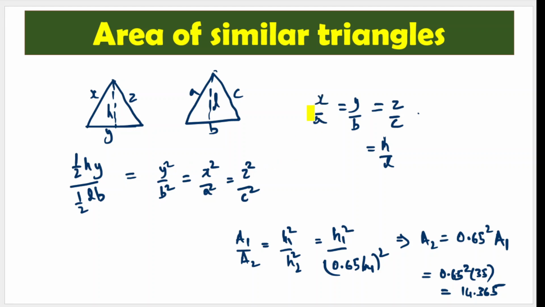We can replace that with x square by a square also and z square by c square also. So the ratio of areas of similar triangles is equal to the ratio of the squares of their sides, whichever sides we take.